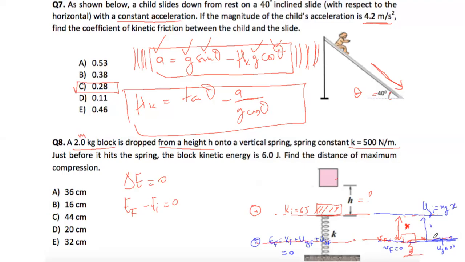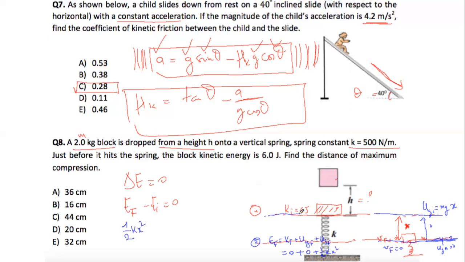This is X. So K final is 0, UG final is 0. What is US final? It's compressed, so it's half kx squared. So my E final is half kx squared. The rest are 0. I have only spring potential energy at the final state.